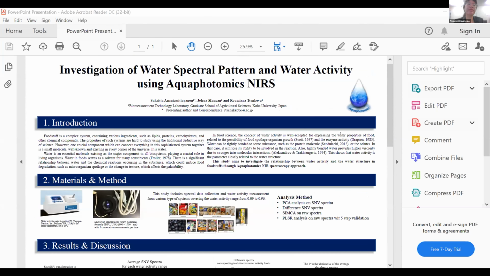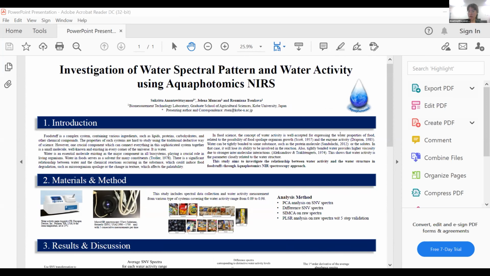Yes. So, hello everybody. My name is Sukkrita Anantawittayanon. It's a little bit long, but you can call me Brim. Today I would like to present the investigation of water spectral pattern and water activity by using aquaphotomics near-infrared spectroscopy. Water activity is a well-known parameter used in food science to describe the water property in foodstuff.